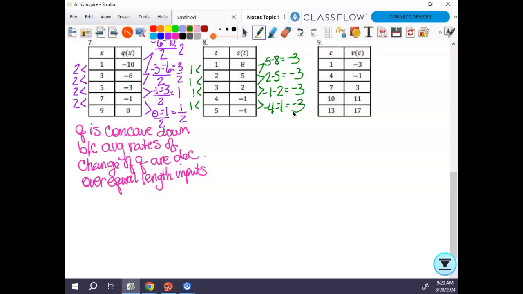So what can you tell me about my average rates of change? Constant, okay? So that means that S is what? Neither one, right?